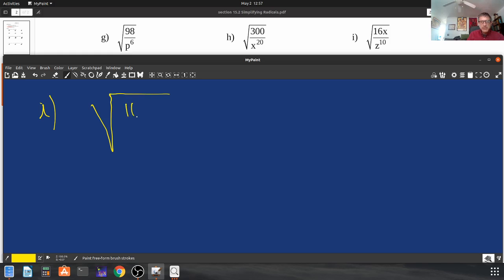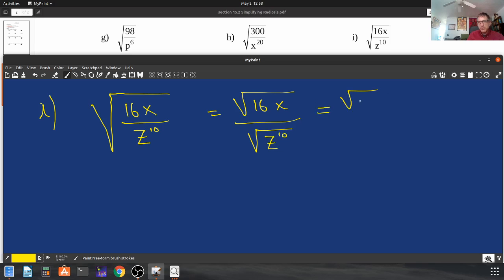The square root of 16x over z to the 10th. Well, that's equal to the square root of 16 times x over the square root of z to the 10th. I'm going to use the product rule on the numerator.